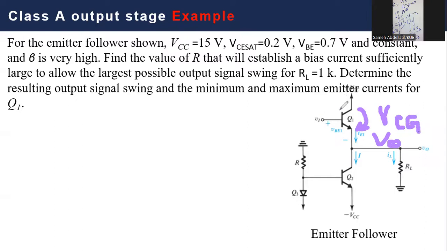The third is the current flowing here, or what we can call IC, or IC1. And the fourth is the power consumed in this Q1. Let's try together now to make a plot showing the sinusoidal variation of these 4 points.